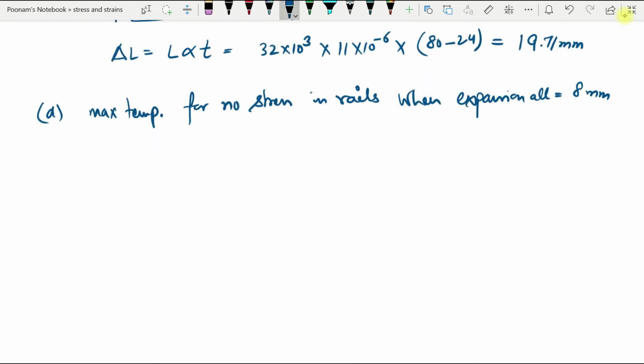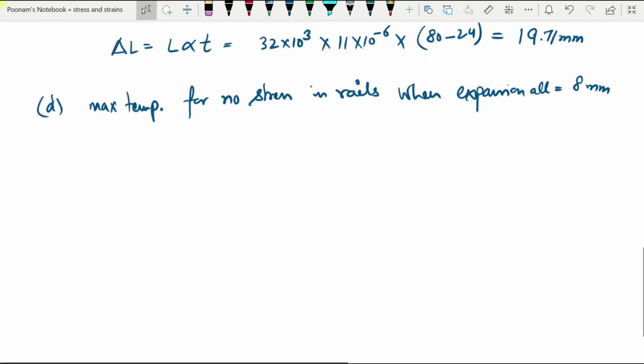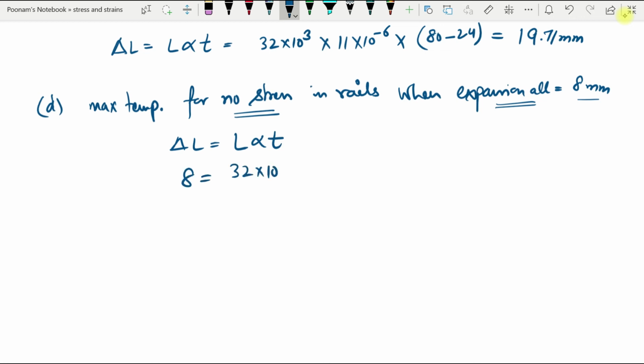So this is again the situation of zero stress, and allowed change in length is 8 mm. So we will substitute in the formula L alpha T. It is 8, L is 32,000, alpha is 11 into 10 to the power minus 6, and T needs to be calculated, maximum temperature.